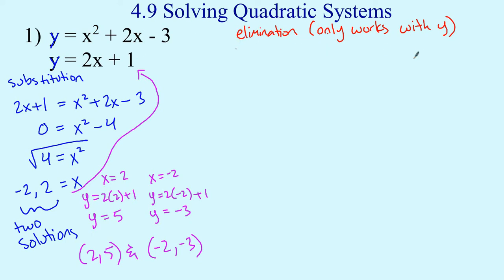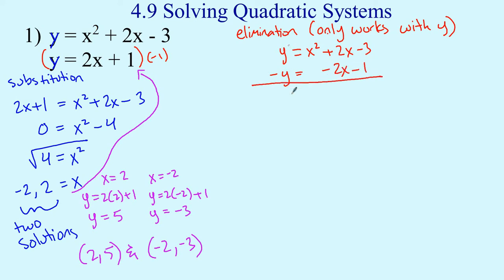So elimination only works with the y's. So if I leave my first equation by itself, the second equation, I'm going to multiply it by a negative 1. So I get negative y equals negative 2x minus 1. So now when I add them, I get 0 equals x squared minus 4.